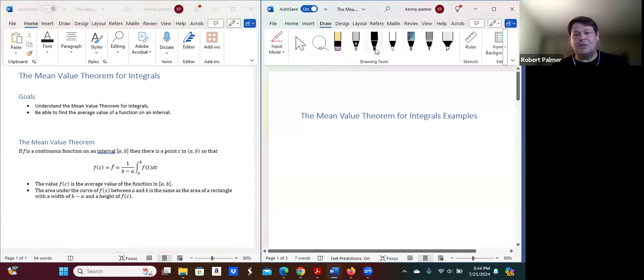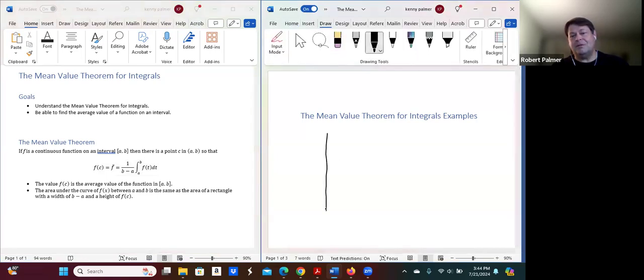So let's just take a look at a basic function. Here are our bounds. Here's a and here's b. Let's say we have some function that looks like this, a standard function like we like to draw. This is our function f of x.